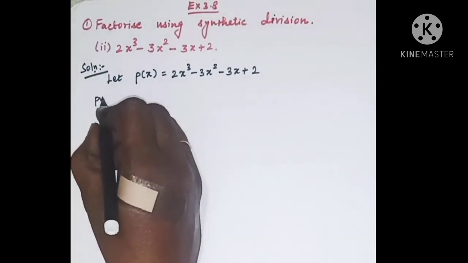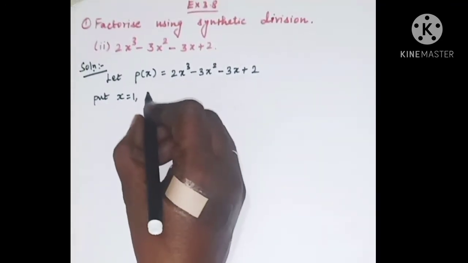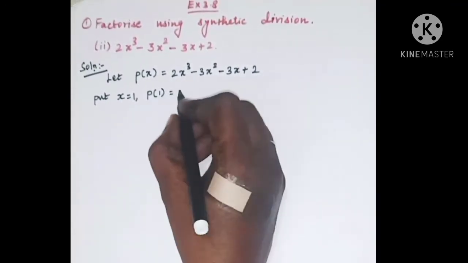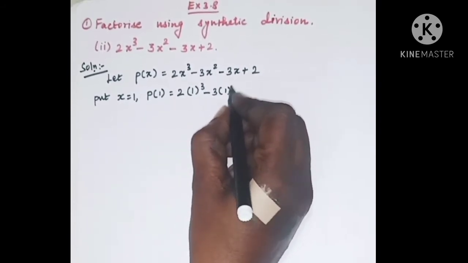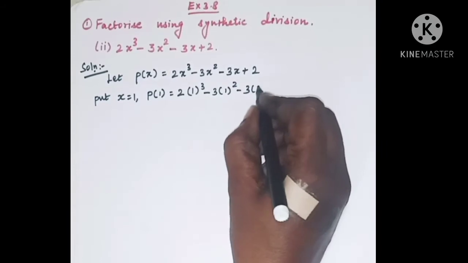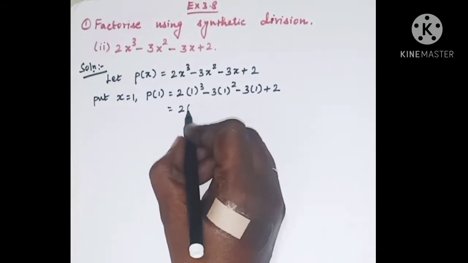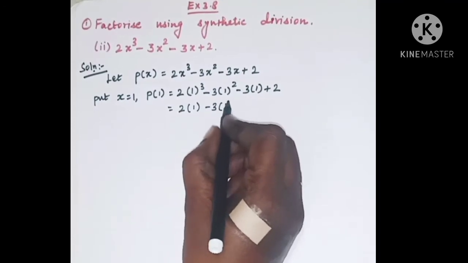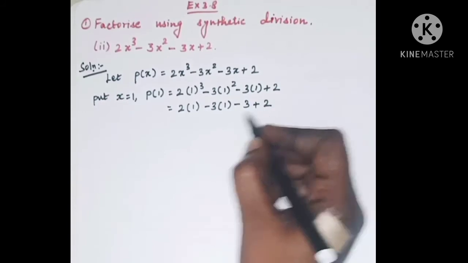First put x is equal to 1. In the place of x we have to substitute 1. So p of 1 is equal to 2 into 1 cube minus 3 into 1 square minus 3 into 1 plus 2. So 2 into 1 cube is 2, minus 3 into 1 square is 3, minus 3 ones are 3, plus 2.